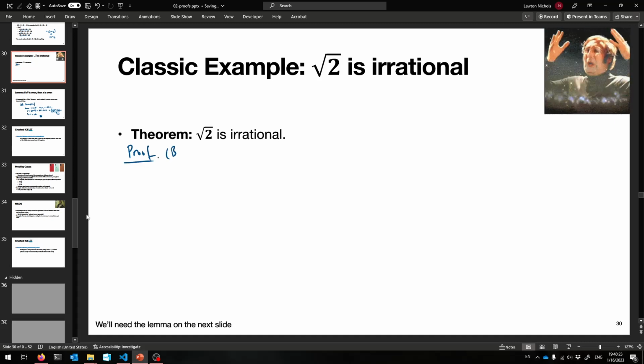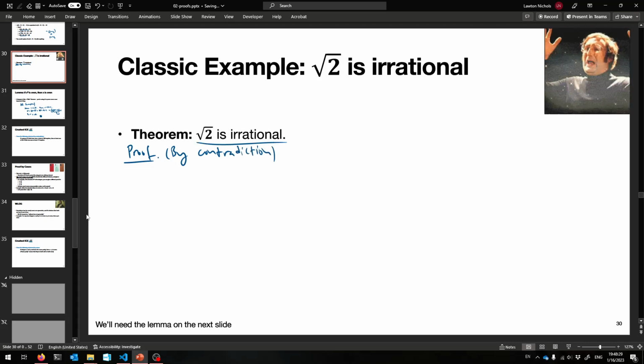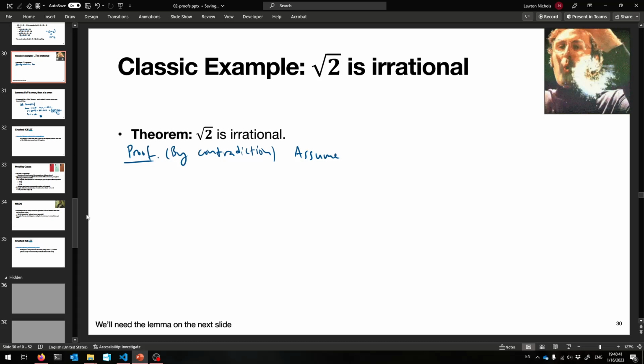We're going to prove it by contradiction. So we're going to assume then that square root of 2 is rational and then derive something wrong happening. Derive a contradiction out of that. So here's how we do it. Assume x is rational. Or sorry, assume negative square root of 2. Sorry. Too many math concepts going on today.